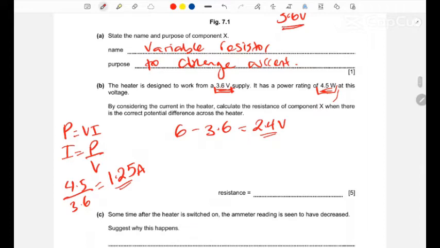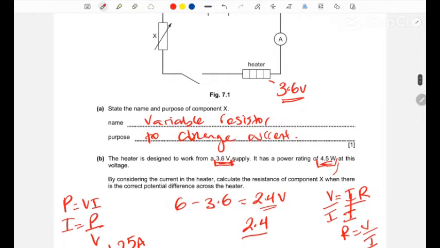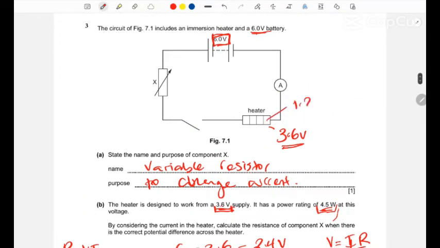And then after that, we can find the resistance. From Ohm's law, V equals IR, and then divide both sides by I. Resistance equals V over I. So the remaining voltage is going to be 2.4, and the current in the heater is going to be 1.25.